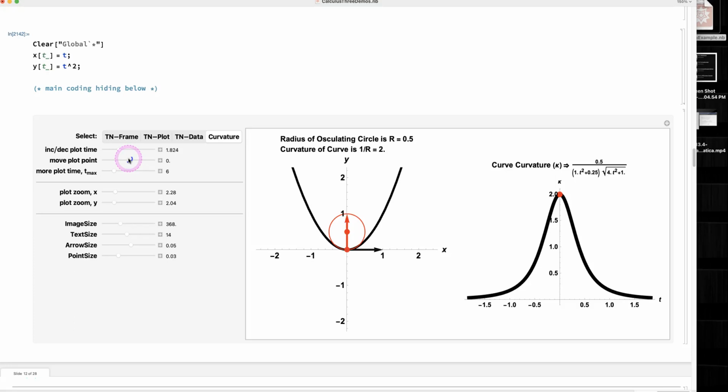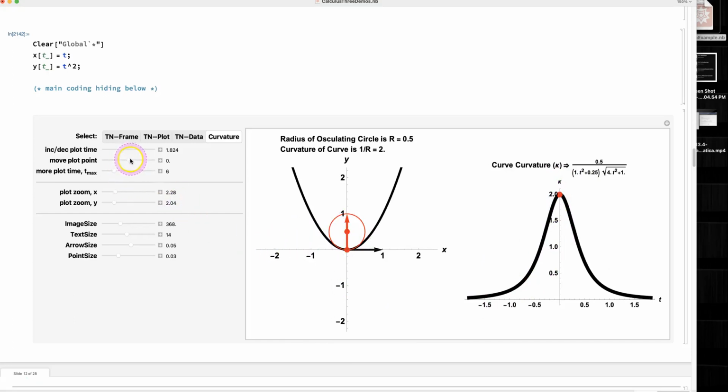That's because the osculating circle, this tangent circle, has a radius of 1/2, and therefore 1 over 1/2 is a curvature of 2.